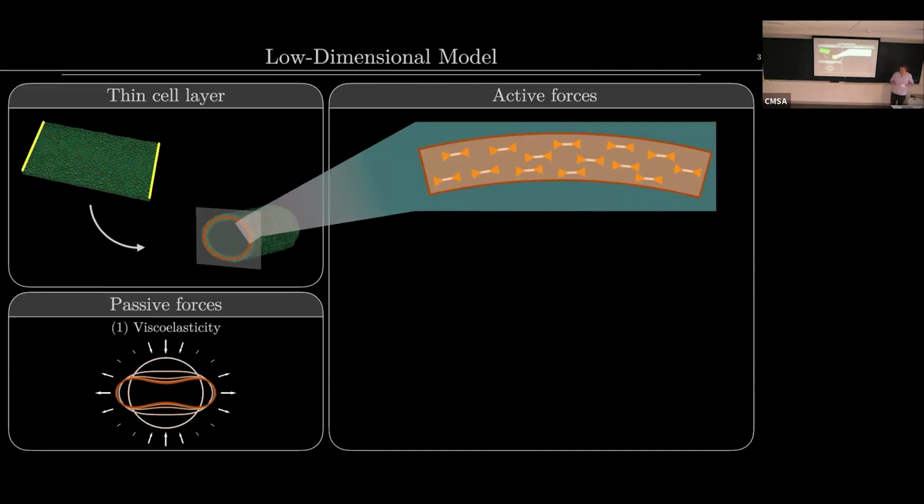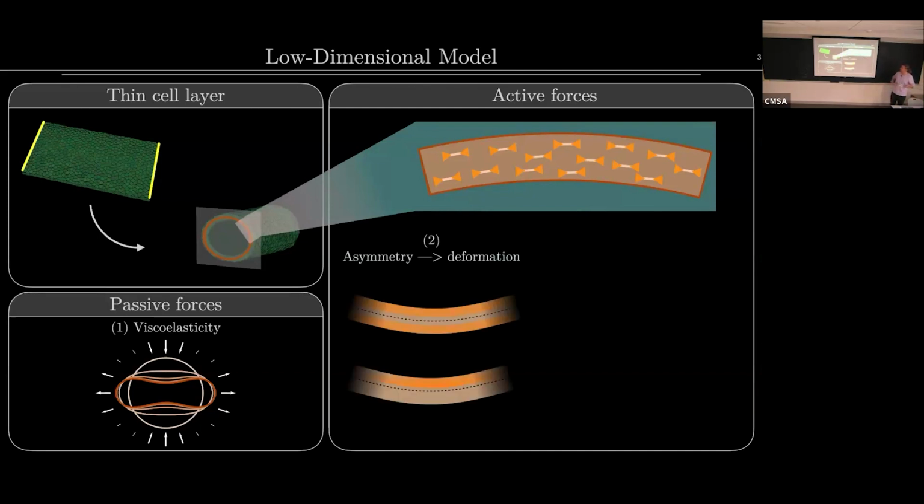If they are distributed symmetrically in this ring, then nothing happens and the configuration is stable. If the configuration is asymmetric, then you get a deformation because at the top you have contractile forces that locally deform it, and at the bottom you have nothing that acts against it, so you bend in this direction.